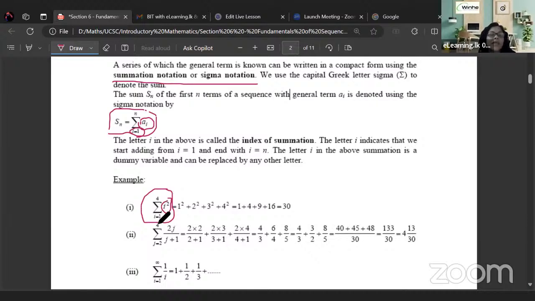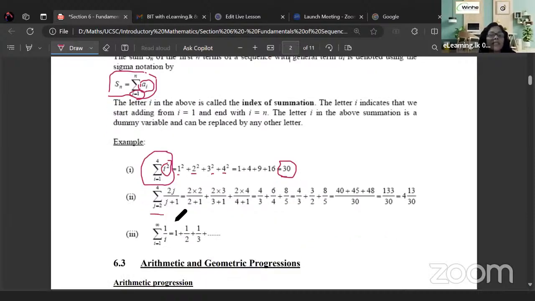So i equal to 1 square plus 2 square plus 3 square. Instead of i, you can put the numbers from 1 to 4. Right? 1, 2, 3, 4. Then get the summation. You can get 30 from that. Right?